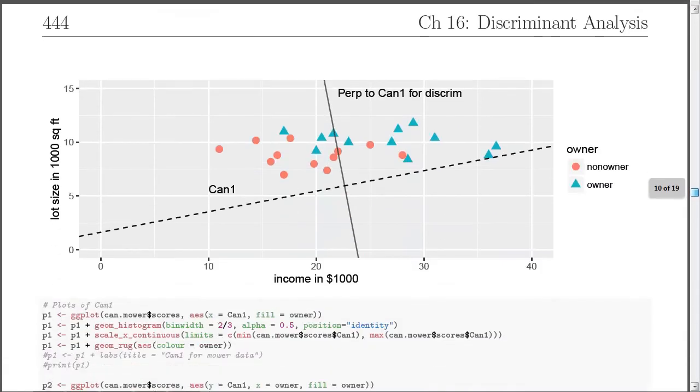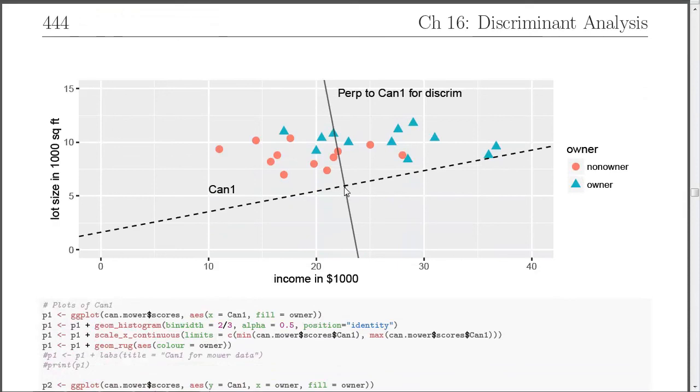All right, so here is the canonical function we found. Can1, the dotted line, is the canonical direction. And this 0 point along this axis, if you go to the left about 1 unit or so, that's the non-owner mean.